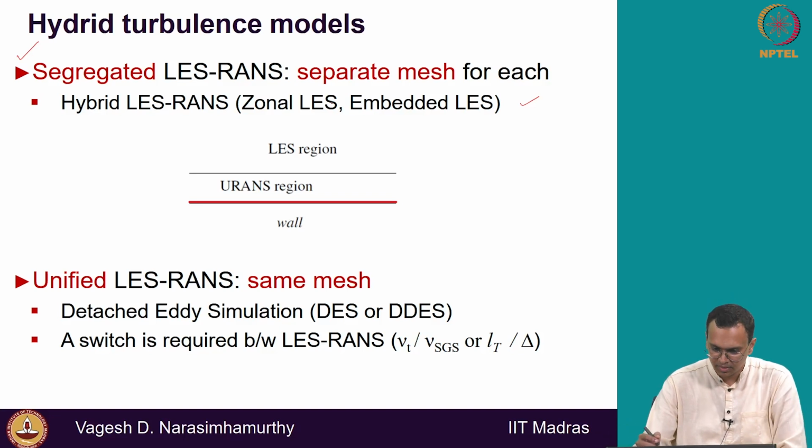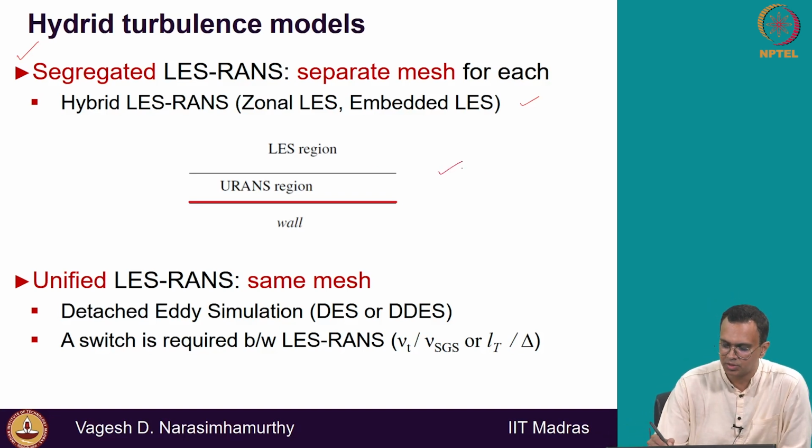So one easy example is this one, where I told you have this wall, and then walls offer high demand for resolution. So you can actually think of doing a RANS region here. This URANS is essentially nothing but RANS. Okay, but by tradition many decades ago, people started to call RANS as URANS and steady RANS as RANS.